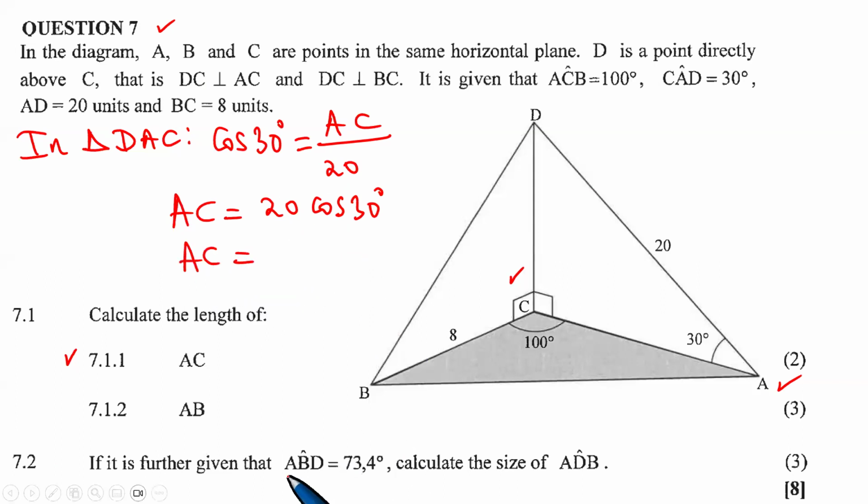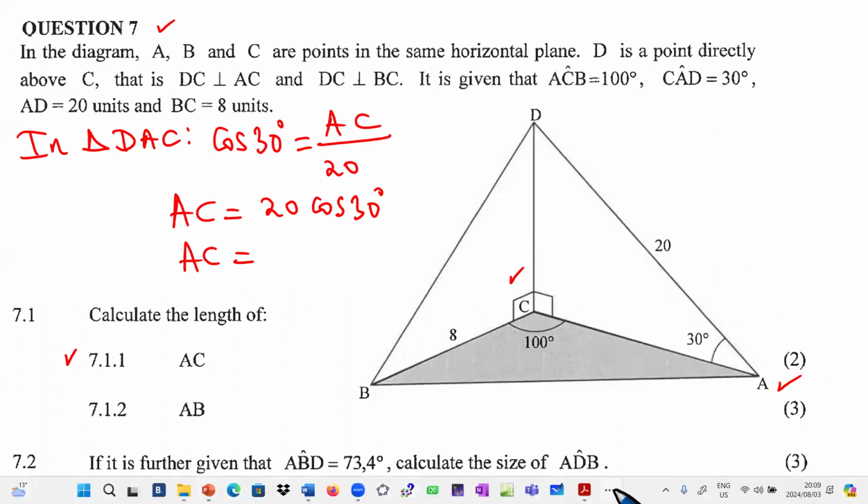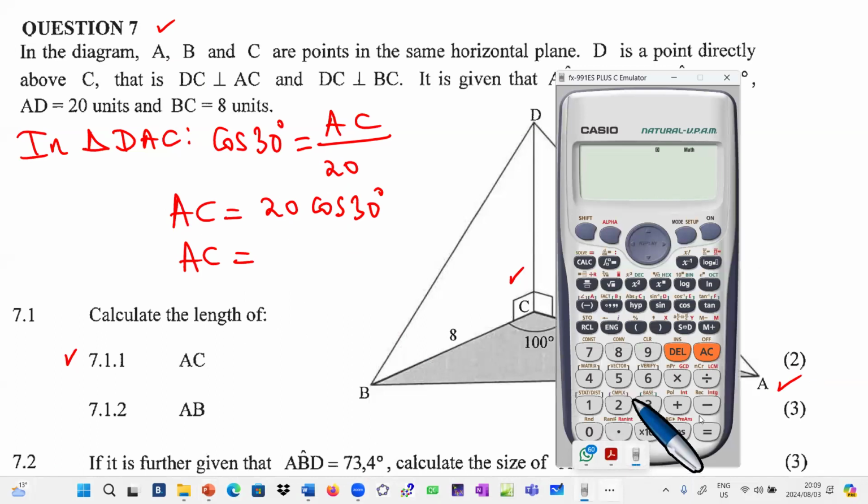We can use our calculator here and get the answer as follows. The calculator is in degrees, so all is well. 20 times cosine 30 degrees, and the answer is 10 square root of 3 units.